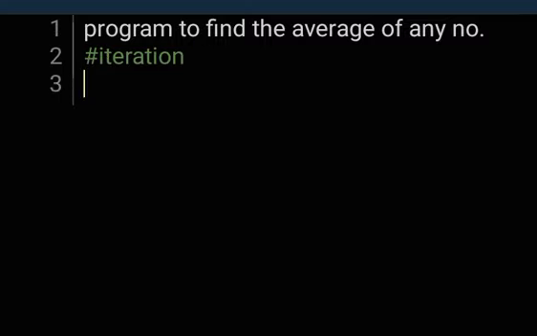First of all, we have to get the total numbers you intend to find the average of. So here I'm going to enter the numbers, then use the int function to convert whatever I entered into an integer.